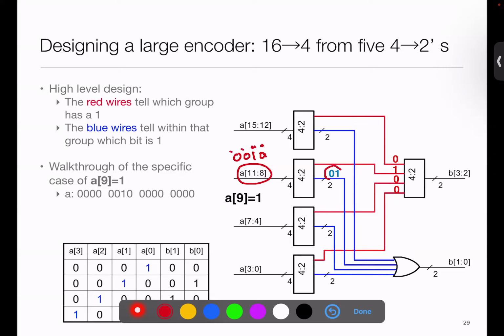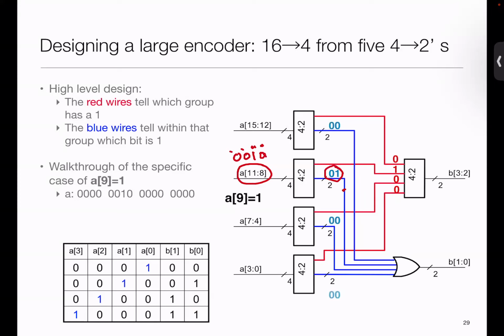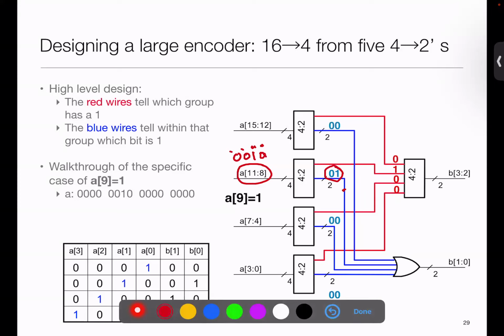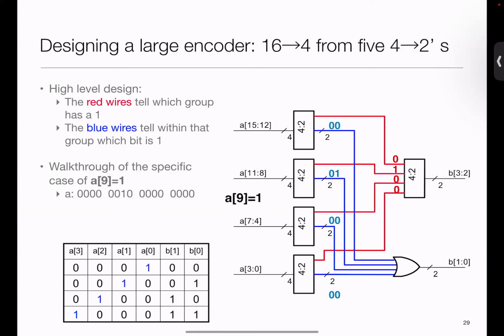So the output would be 0 1. The blue line for this encoder would be 0 1, and all the other blue lines are going to be zeros. Now when we combine these outputs, the OR gate would produce 0 1 and the upper end would produce 1 0. And if you think of it, it's 1 0 0 1, which is 9. So A9 results in that.